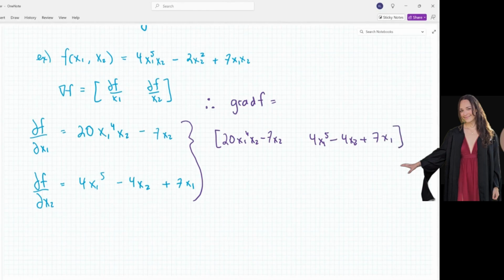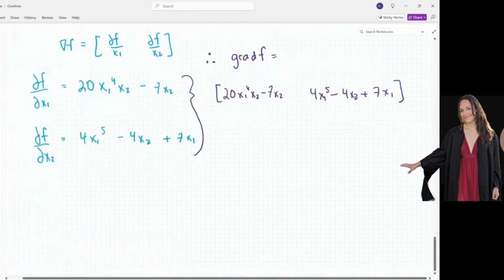So there we go. Now you've already learned how to find a gradient in a multivariable setting. That's a really important skill to have. And like I said, it has so many applications in machine learning and neural networks and really understanding the gradient descent algorithm. So make sure that you remember this one.